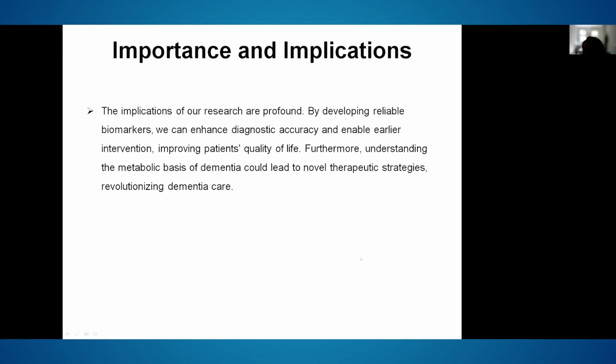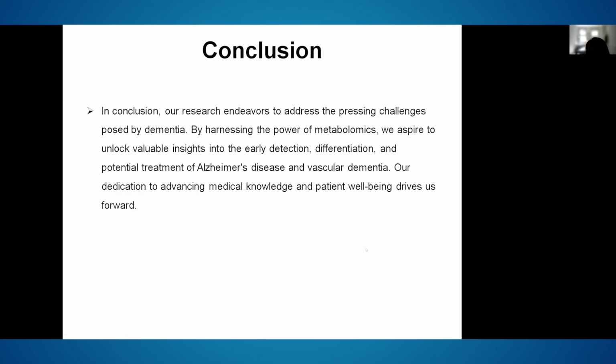The implications of our research are profound. By developing reliable biomarkers, we can enhance diagnostic accuracy and enable earlier intervention, improving patients' quality of life. Furthermore, understanding the metabolic basis of dementia could lead to novel therapeutic strategies, revolutionizing dementia care.